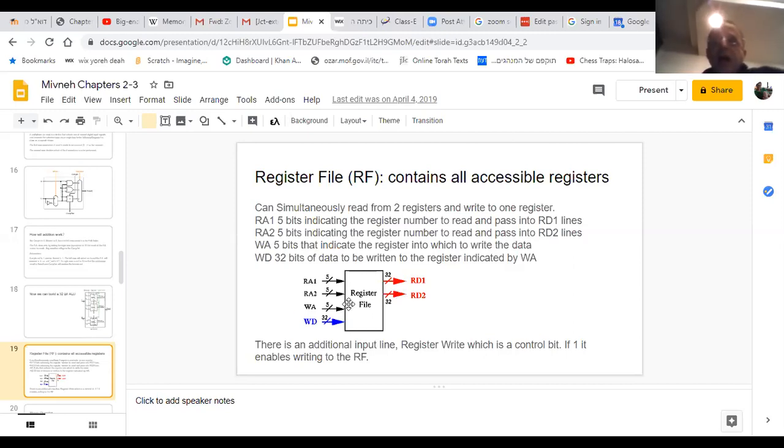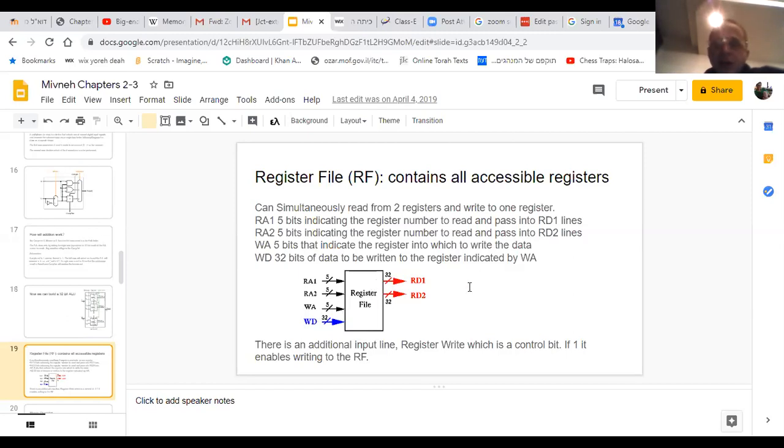And similarly, I'm going to need to write the result in a third register. WA is write address. I'm going to put that on these 5 lines here. Let's say I want to write it to register 12. So I'm going to put 12 on these 5 bits.